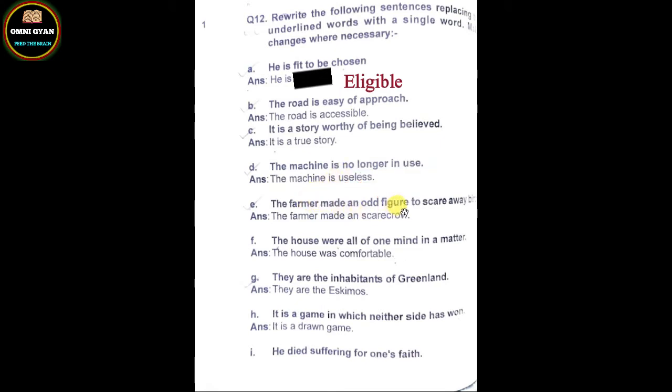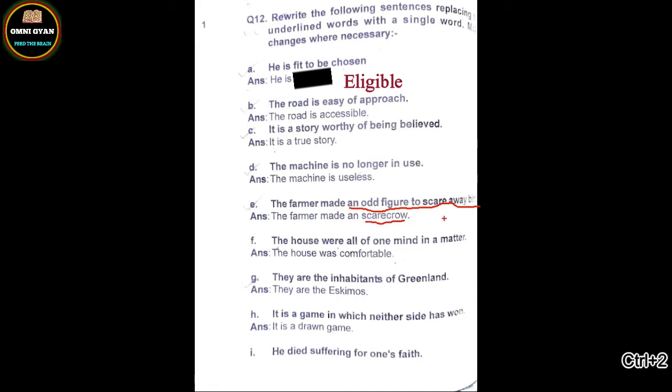The farmer made an odd figure to scare away birds. We all know that in fields you often find that farmers keep a figure with an earthen pot, and there's a cross, and on that cross a shirt or a t-shirt is fitted, and that is known as a scarecrow. Generally you find it in paddy fields.